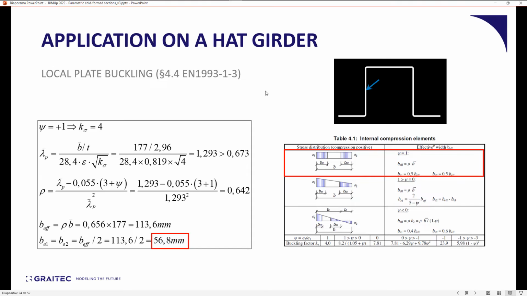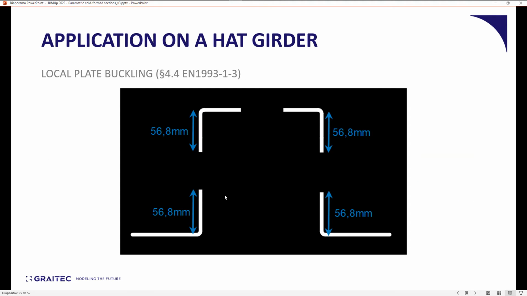Then you can proceed to the left and right plates, so still in pure compression, because we are looking for the effective cross-sectional area in pure compression. So you identify the right table, internal compression elements, the right stress distribution, and you find out the effective width on top and bottom, so left and right.